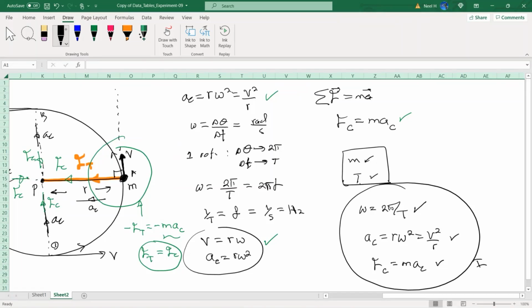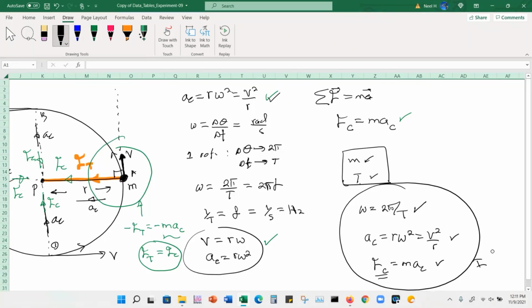If I can measure, for example, F_c by using another physical method, then I can compare those two. If those two are exactly the same, then we can confirm all the relevant background information attached to that physical concept, which means the centripetal acceleration definition, and everything.